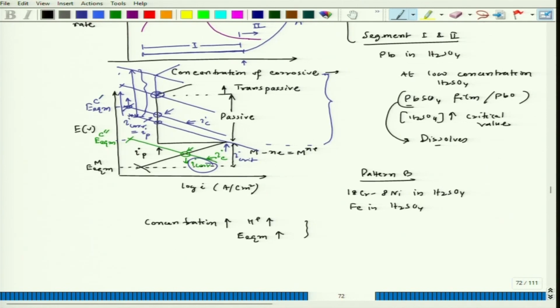But once the concentration reaches a certain limiting concentration, the ionization of acid decreases. Once ionization of the acid decreases because of the increase in concentration, hydrogen ion generation also decreases. So as hydrogen ion generation decreases and with further increase in concentration, the ionization becomes very limited.